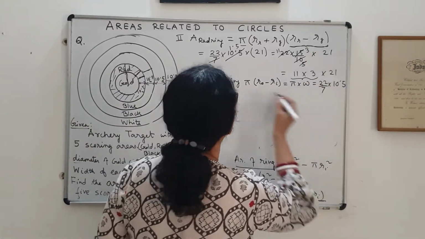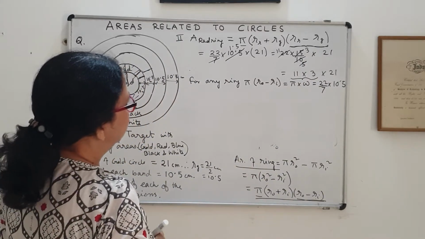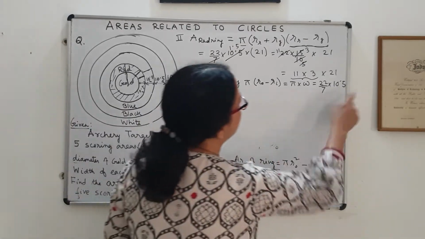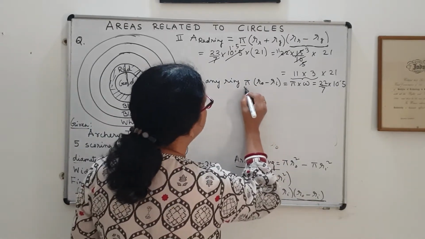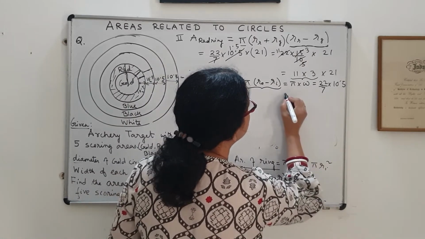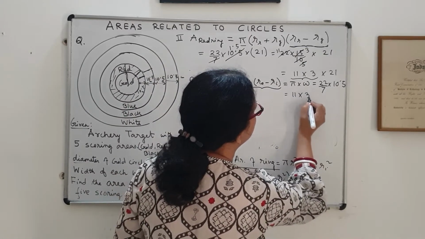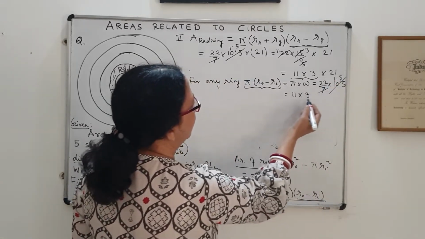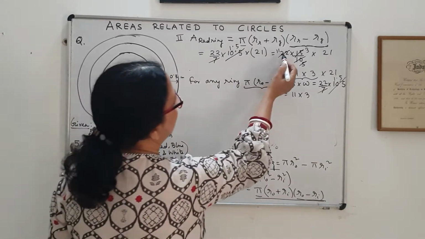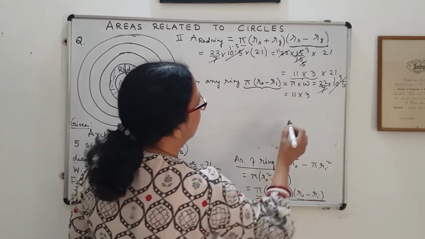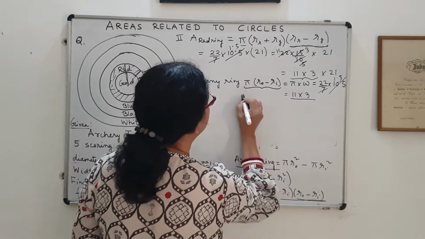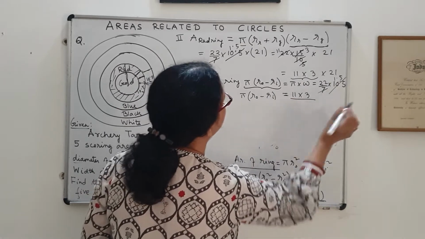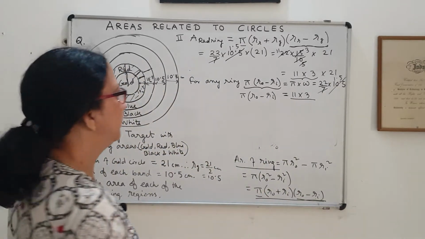I should have written it earlier, it would have been better. Okay, no problem. So for any ring the value of this is 11 into 3, because 22 into 1.5 is 11 into 3. This part is fixed for all rings.